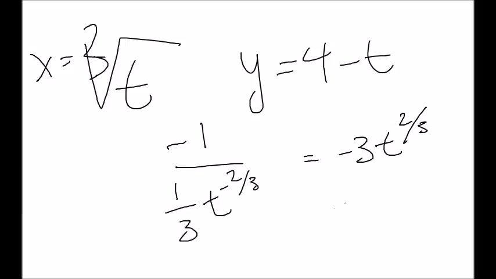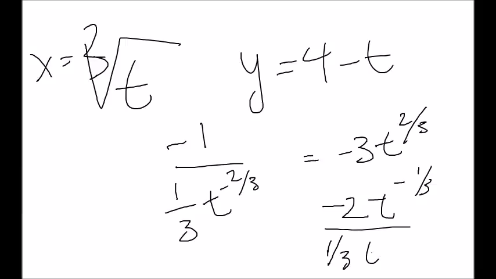Now if we want to take the second derivative, what we do is we take the derivative with respect to t of this, so that would be -2 t to the -1/3 all over the derivative of x with respect to t, which is still 1/3 t to the negative 2/3.